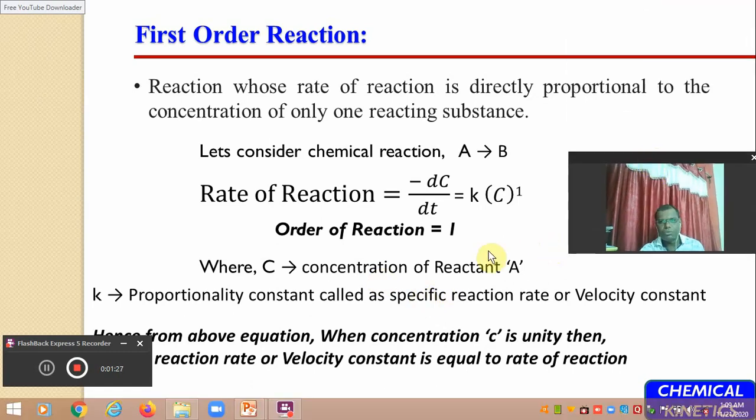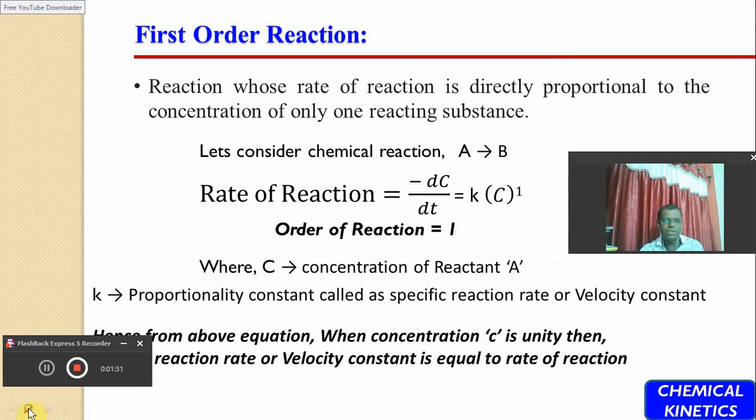First of all, we should know what a first order reaction is. It means that the rate of reaction depends upon the molar concentration of only one reactant. That's why it is called a first order reaction, because when we studied the order of reaction, we stated that the order of reaction is the number of reactant molecules on which the rate of reaction depends.